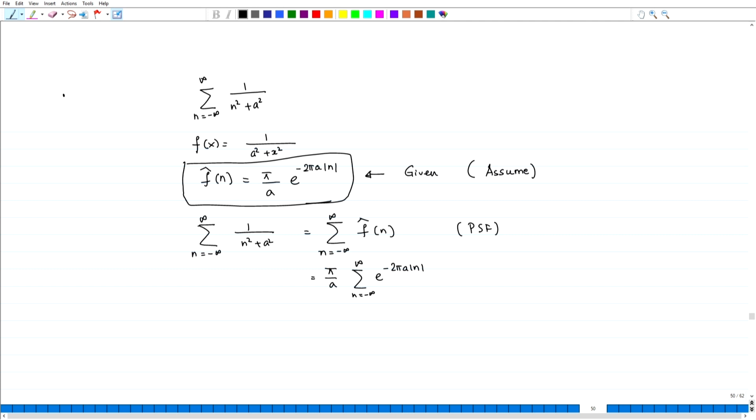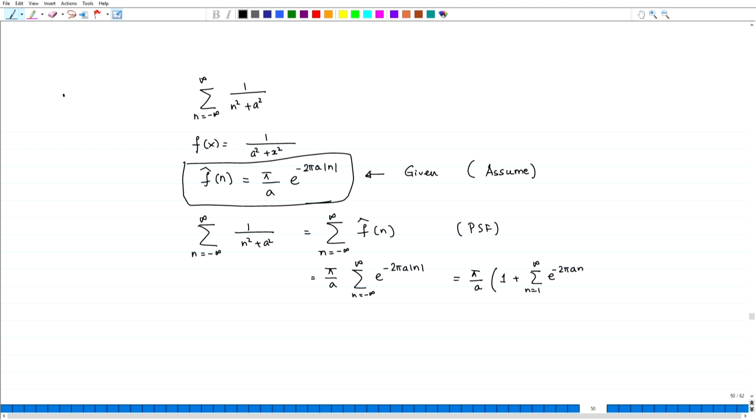Now, if we take out the 0 part, we have pi by a times 1 plus the summation over n from 1 to infinity, on the positive side e to the power minus 2 pi a n, and on the negative side n from minus infinity to minus 1, e to the power 2 pi a n.